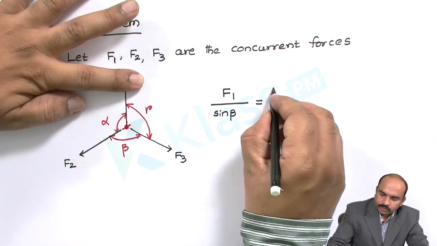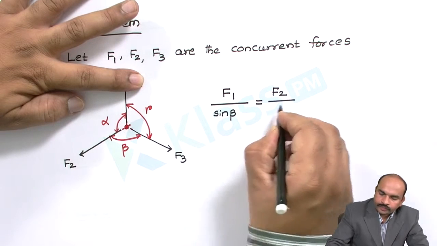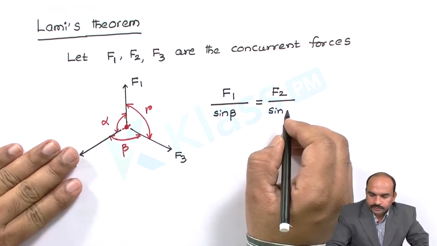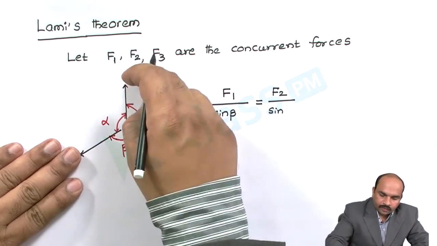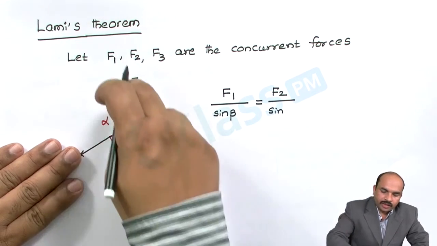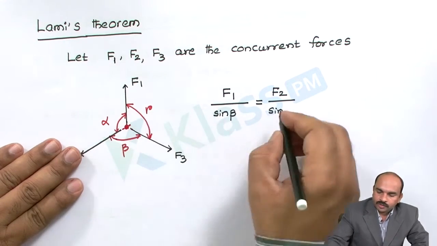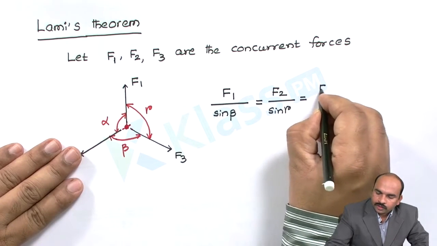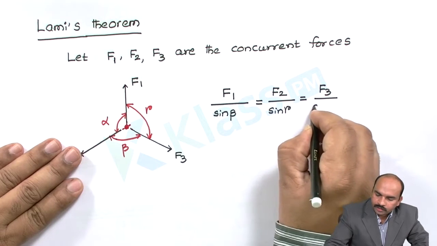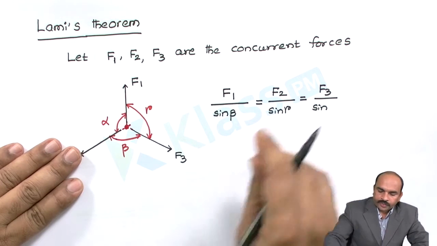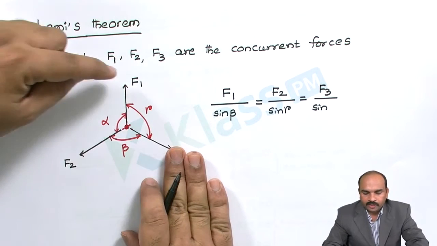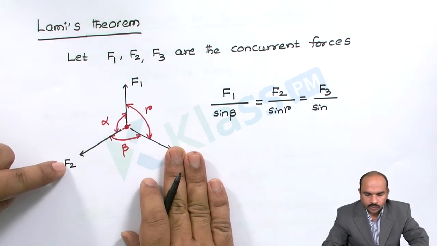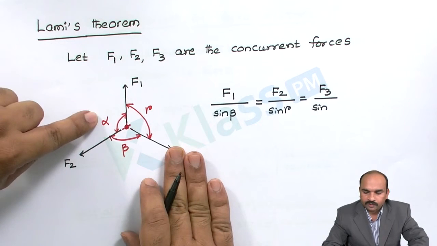This is equal to force F2 divided by sine of the angle between the remaining forces F1 and F3, which is gamma. That is equal to the force F3 divided by sine of the angle between the remaining forces F1 and F2, that is alpha.